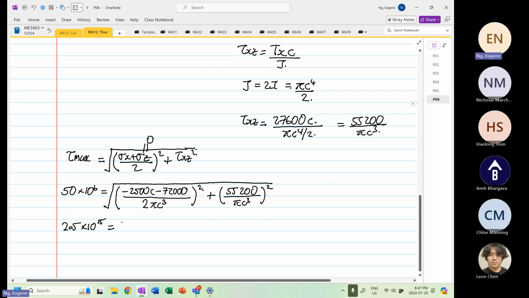And this will be equal to minus 2500 C minus 72,000 divided by 2 pi c cube, and then this thing squared, plus 55,200 over pi c cube, squared.